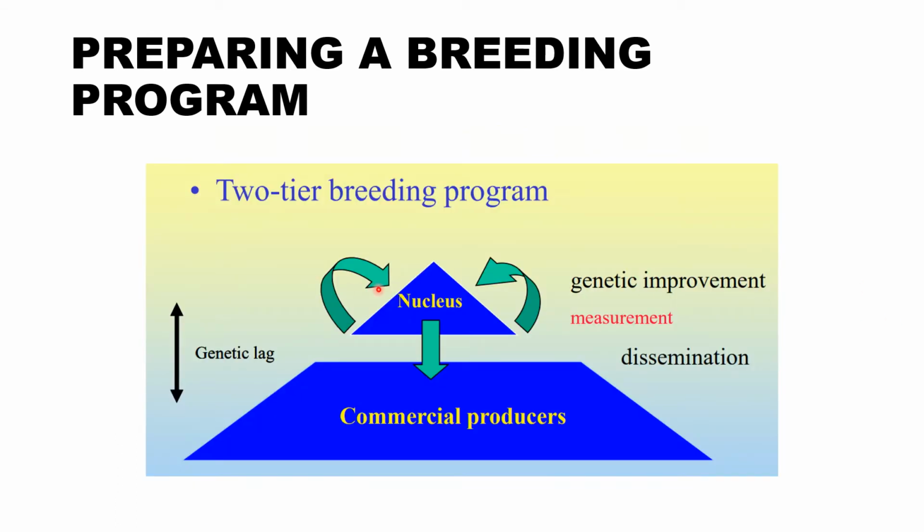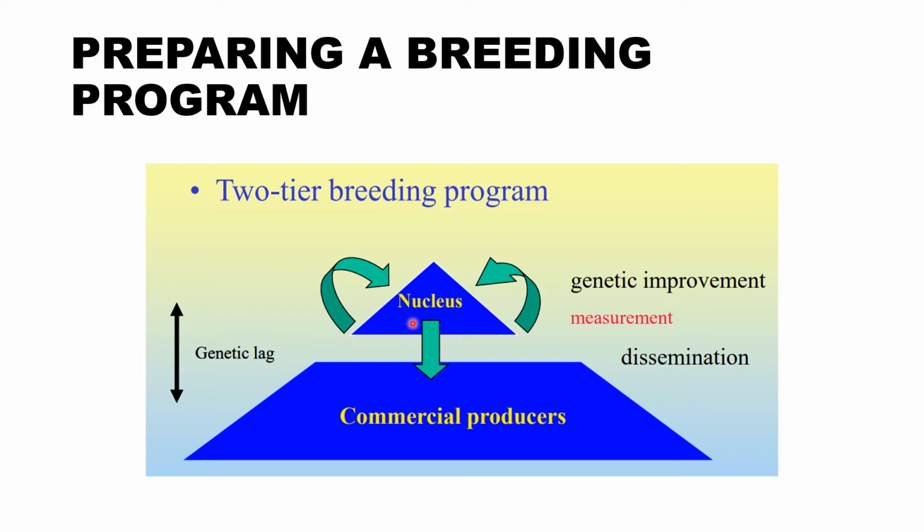Then, the two-tier breeding program, ito yung involves a nucleus farm and a commercial producer. So, yung nucleus farm, dito talaga yung mga breeders na galing dito, most of the time, these are purebreds. So, talagang high quality yung mga breeds na nanggagaling dito sa mga nucleus farm.